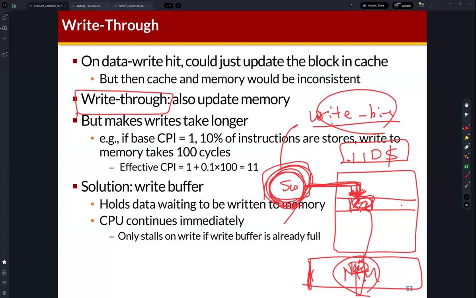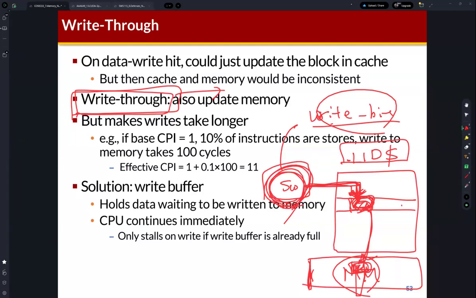So it reflects the definition of store instruction. It just implements the definition of store instruction. The cache is updated and immediately the main memory is also updated. So this is the write through policy.